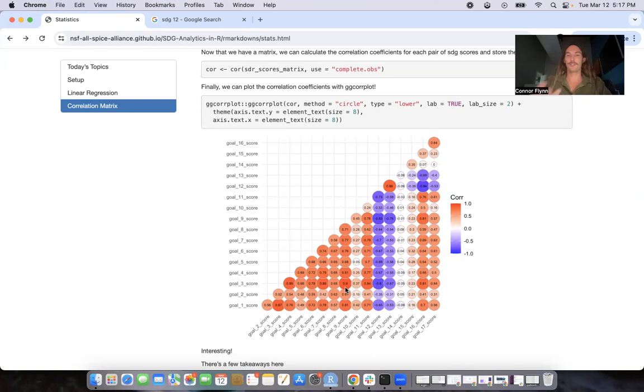But this broad correlation matrix that simplifies really complex patterns in our world does a good job at hinting at the relationships between things like climate action and innovation and infrastructure, but also good health and well-being and how that might be positively correlated with industry and infrastructure. So this paints an interesting picture, and we'll talk about that in the challenge and even in the code in just a little bit.